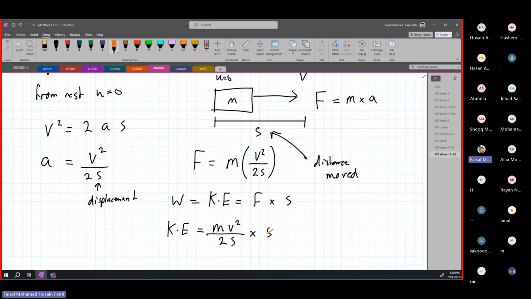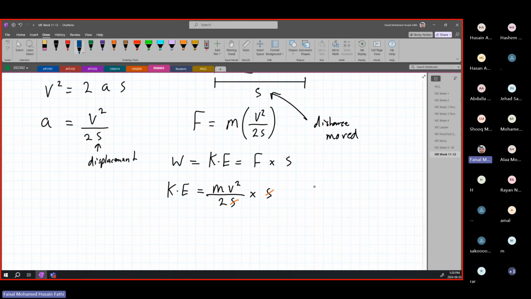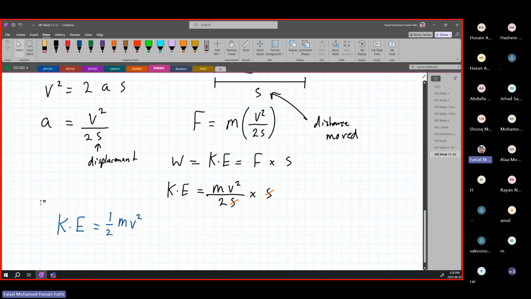And if you notice here, the s's will cancel. We will be left with our kinetic energy equation, which is kinetic energy is equal to mv squared over 2, or a simpler way that you guys see this is half mv squared. All right, so this is our kinetic energy equation.